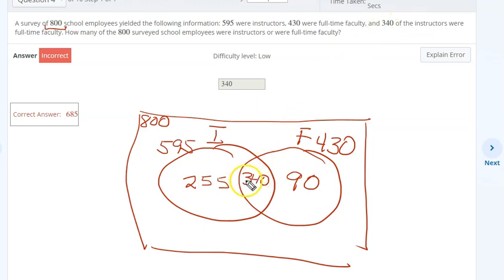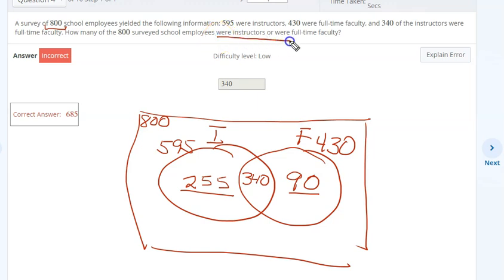If we subtract 340 from 430, we get 90. And if we subtract 340 from 595, we get 255. So these would be what they're looking for.